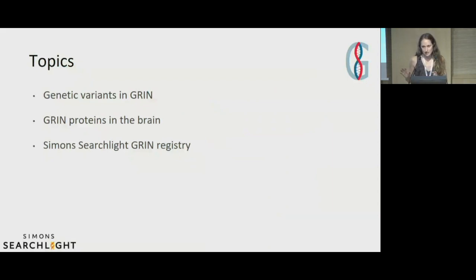There are really excellent speakers here today that will give more background and insight, but just a little refresher on basic genetics, showing some of the GRIN variants that we have, talking about the GRIN proteins in the brain on the whole and some of the terminology that might come up in these talks, and then obviously Simon's Searchlight. I really want to get across how we work with families and how we can work with researchers.